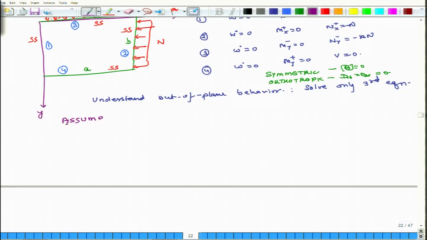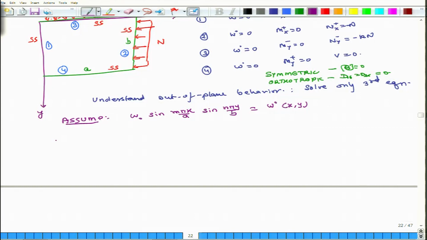So again we are going to solve this problem in an exact way. We assume that the solution is W naught sin m pi x over a times sin n pi y over b. This is equal to the mid plane deflection in the z direction.